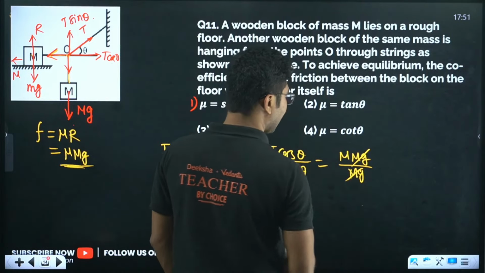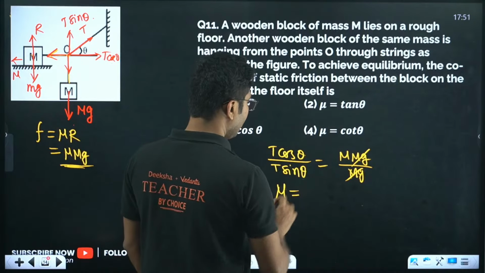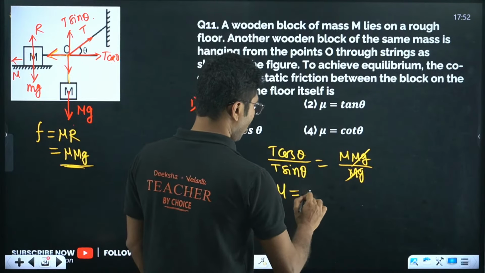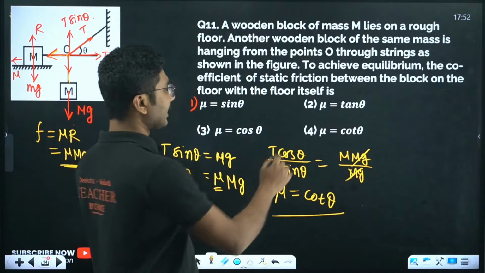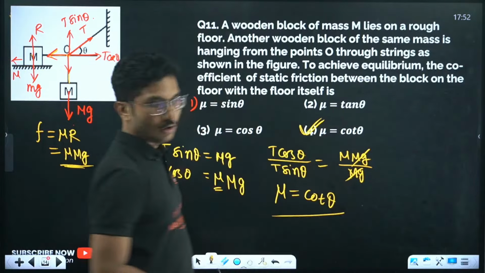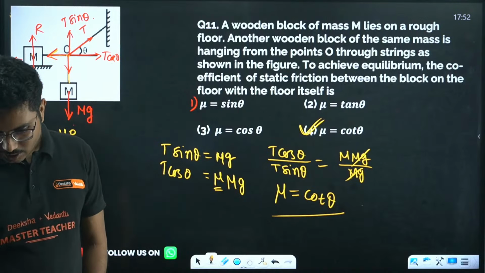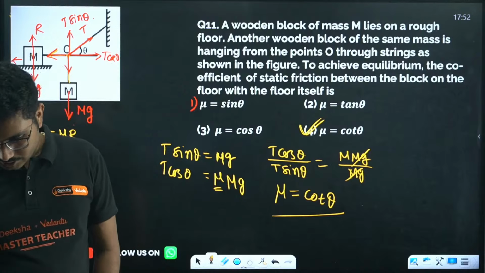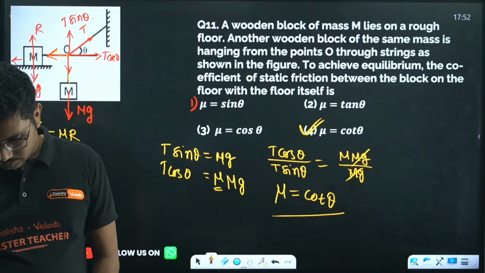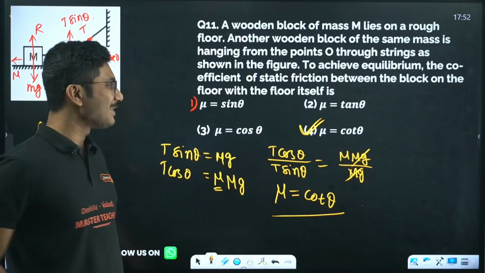So mg cancels, you get mu equals cot theta. So mu equals cot theta is the correct answer, that is option 4. Option 4 is correct. Yes, Bunny is correct. Vijay, no, 2 is not correct. It looks easier than CBSE boards.